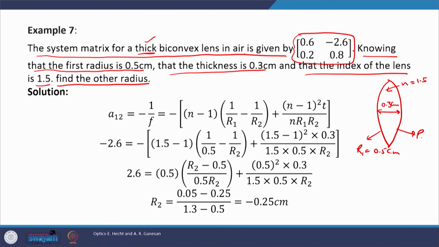This is unknown. The radius of curvature of the right refracting surface is being asked.